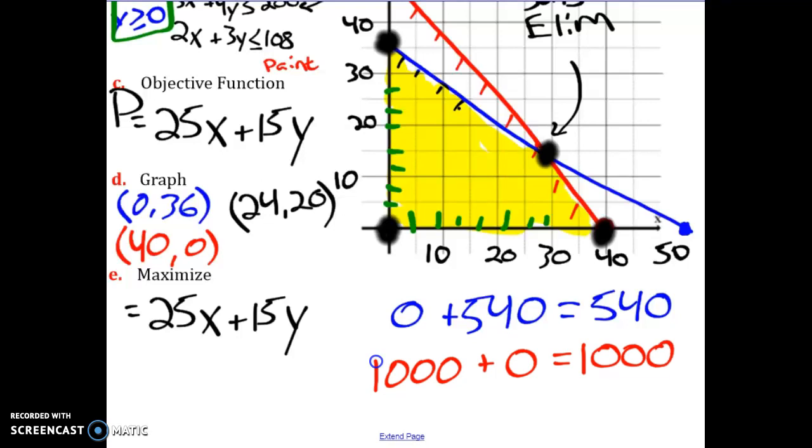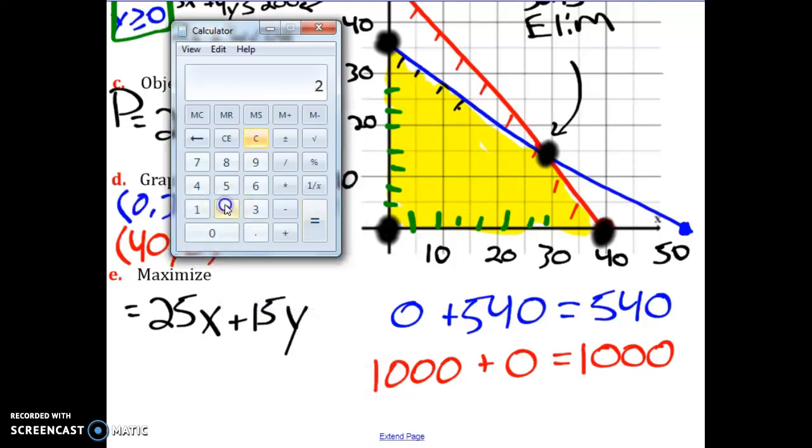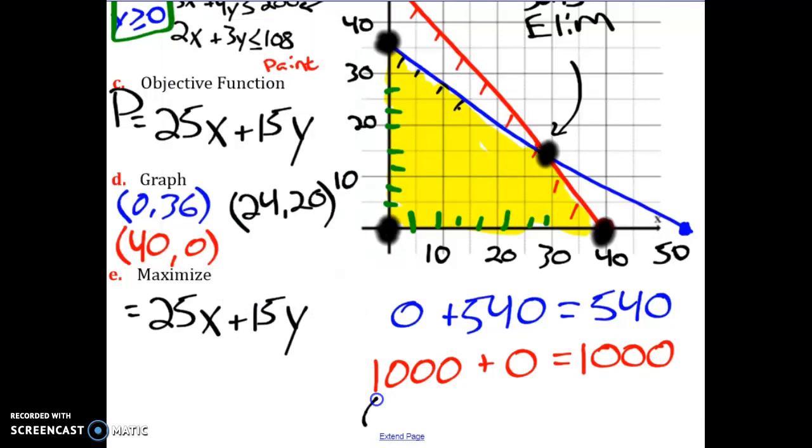And then we have the last one, 24 and 20. Well, if I did 25 times 24, that's going to be 600, plus 15 times 20. 15 times 20, that's going to give us 300 for a total of $900.